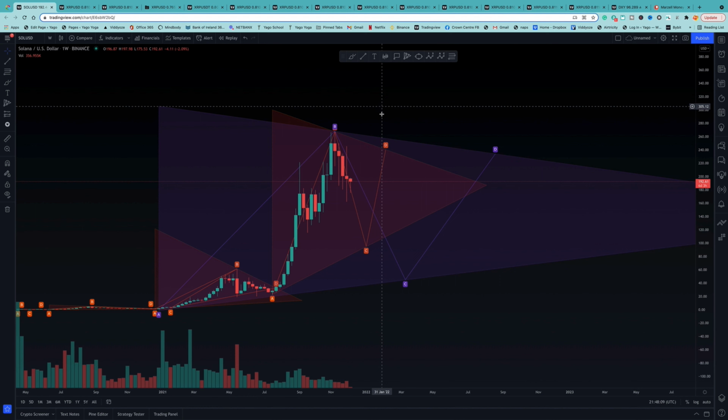It won't come down and do a quick correction and go again. It's going to have its full ABC correction, and then another Elliott wave, ABC correction, consolidate, and then go. So I think Solana possibly will have one more massive pump, blow off top, and that might be it for Solana.